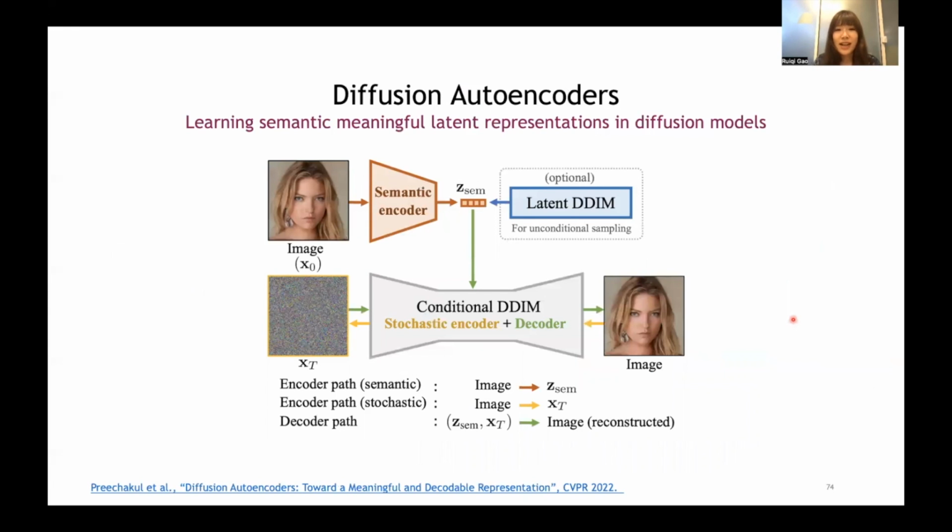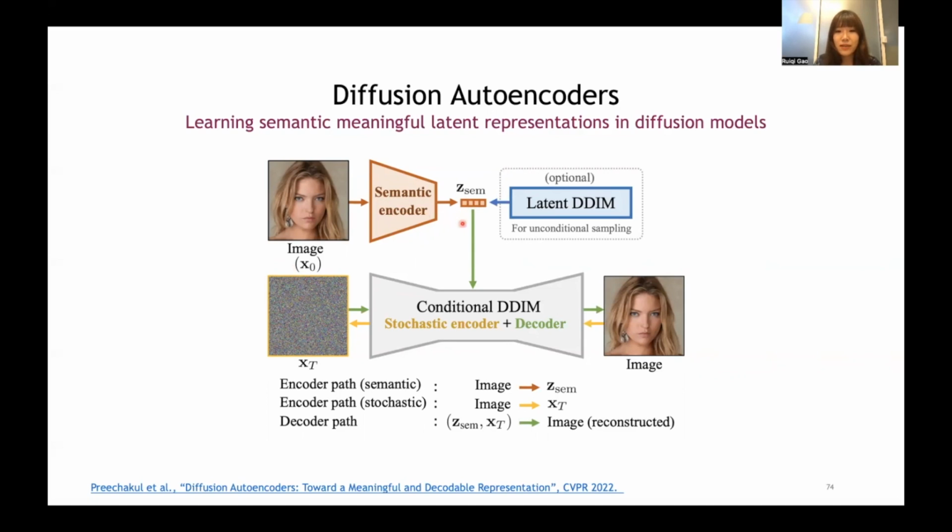Okay, so besides text-to-image generation, I also want to talk about controllable generation using diffusion models. And a representative work is this diffusion autoencoders, which propose to incorporate a semantically meaningful latent variable into diffusion models. So more precisely, given an input image, a semantic encoder is learned in this framework to generate this z_sem.